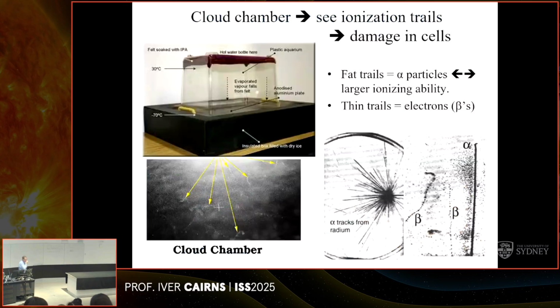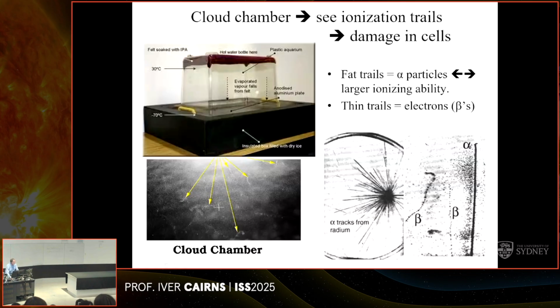I thought I should show you some examples of radiation actually leaving visible trails. Have any of you seen a cloud chamber before? Okay, lots of you. Impressive. That was an experiment I could have produced here, but it's finicky, so I thought it was better to just describe it.